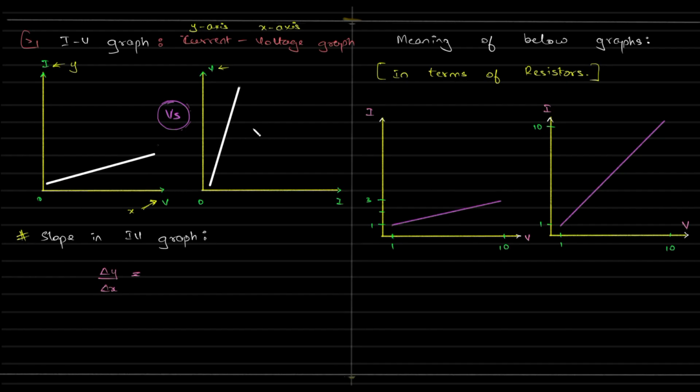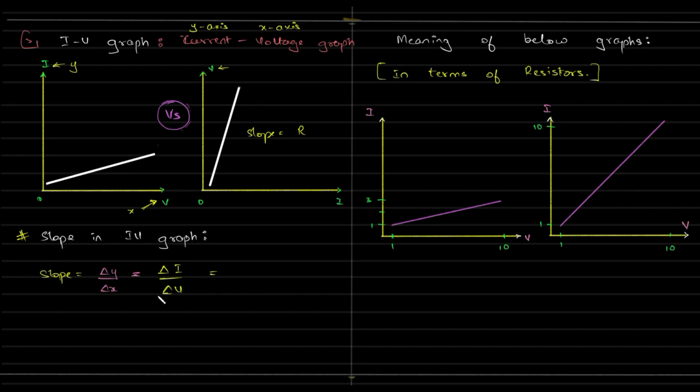In VI graph, it stands for resistance. In IV graph, it will stand for what? So slope is given by change in y divided by change in x. In IV graph, you have change in current divided by change in voltage. So what is it that we're looking at? Change in current is I2 minus I1 divided by V2 minus V1.